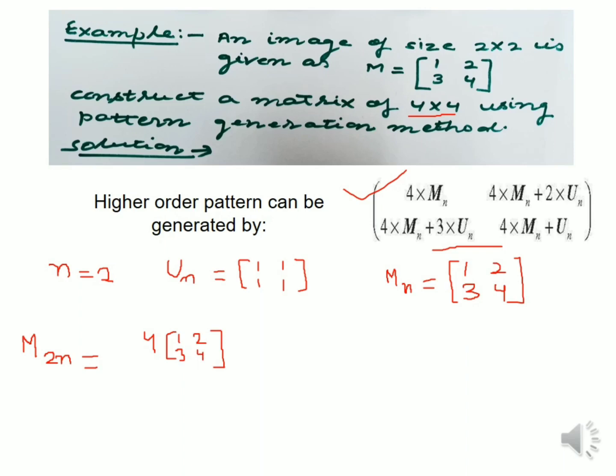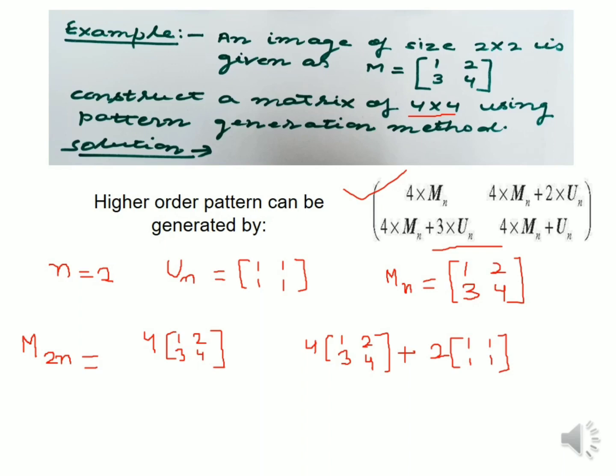The second component is 4 into Mn, which is 1, 2, 3, 4, plus 2 of Un. Un is a square matrix of order 2 cross 2. So these two terms we have written.